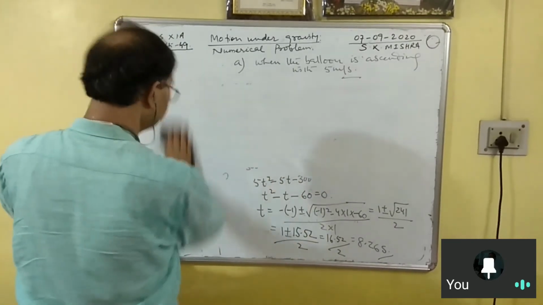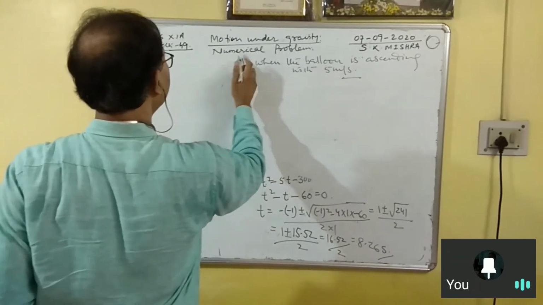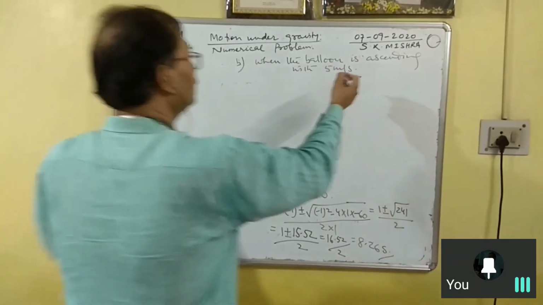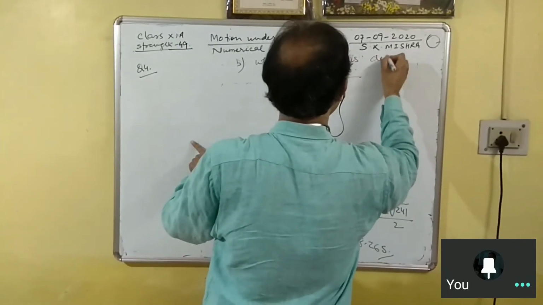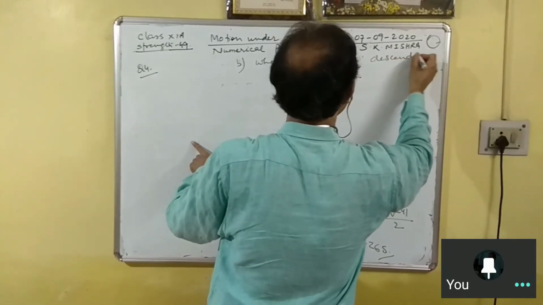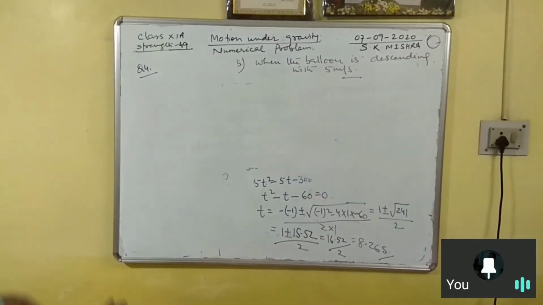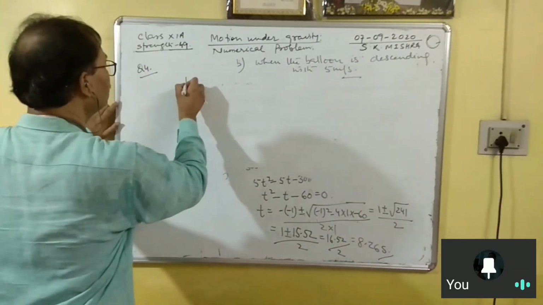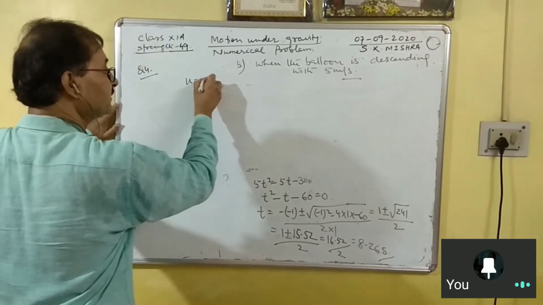Now when the balloon starts descending, the second part is B. When the balloon is descending with 5 meter per second, then in that scenario U will be taken, everything we are going to take positive.